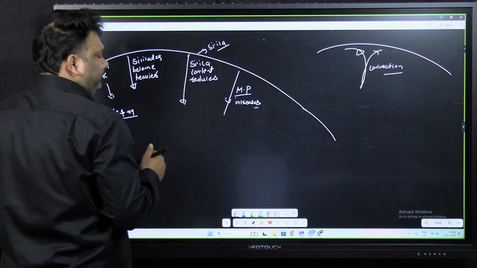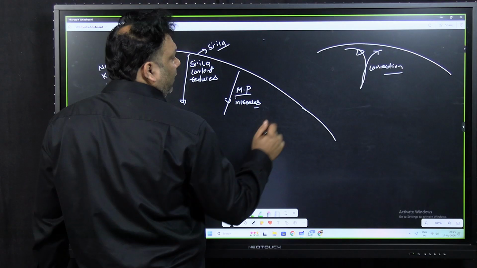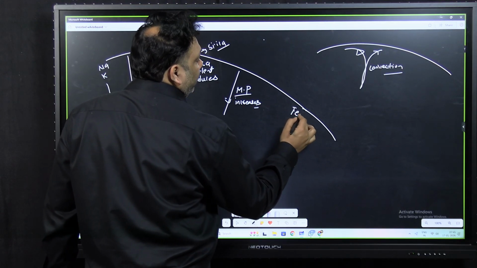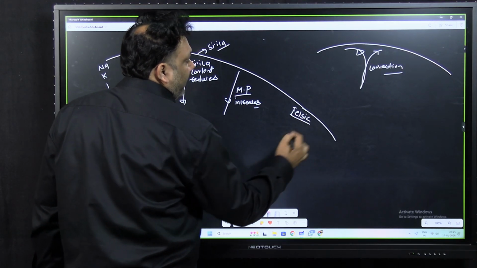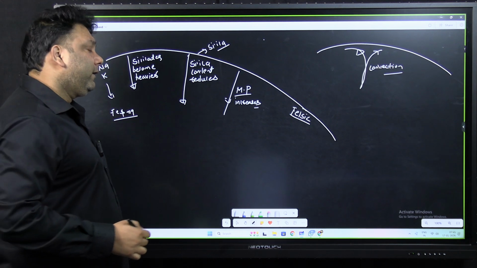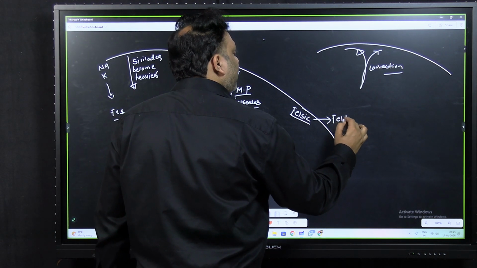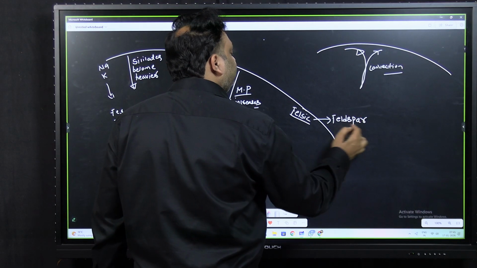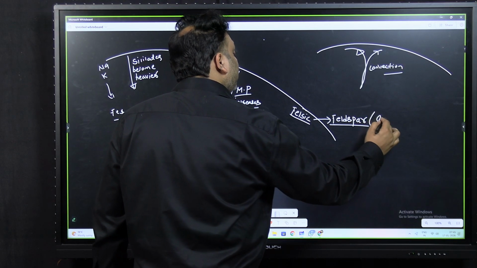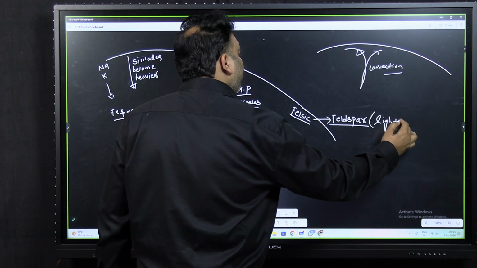And talking about the silicates, on the surface of the earth, you'll be having more of felsic content. The felsic means, this is derived from the word feldspar. So feldspar is nothing but a lighter silicate.